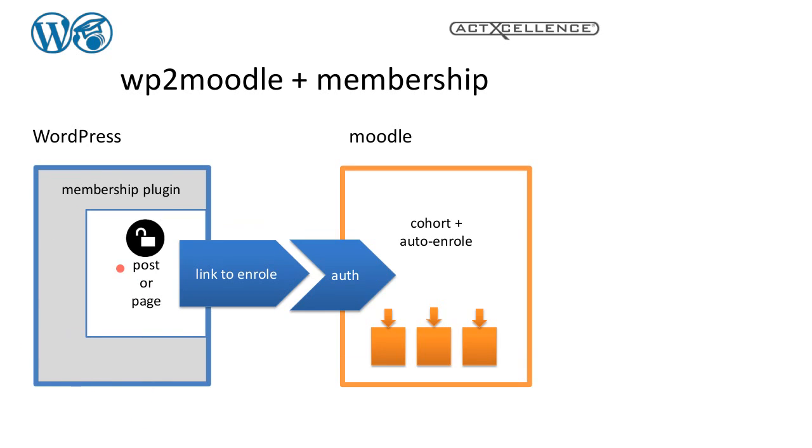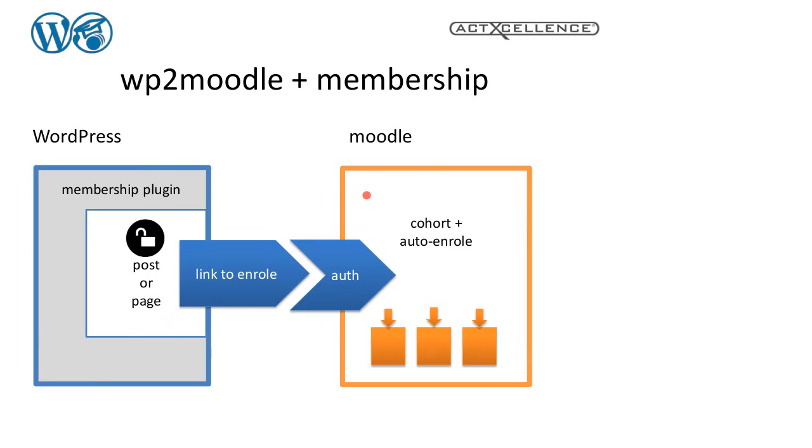And if you pay for the membership, you have access to the page, and on the page you have the link. And then you can enroll to one or many courses at the same time. The login process will be on the WordPress side, and you don't need to touch the login at Moodle. But you also cannot log in Moodle with these credentials.